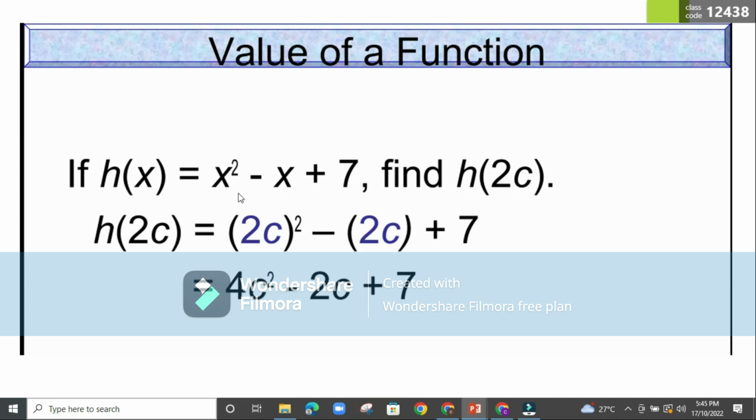So you have x squared, you have 2c quantity squared. Negative x, you copy the minus sign, then x is 2c, then plus 7. Quantity 2c squared, you distribute the exponents, that becomes 2 squared, c squared. 2 squared is 4. So you have 4c squared, copy minus 2c plus 7. So this is now the final answer. We can no longer combine because they are not like terms.